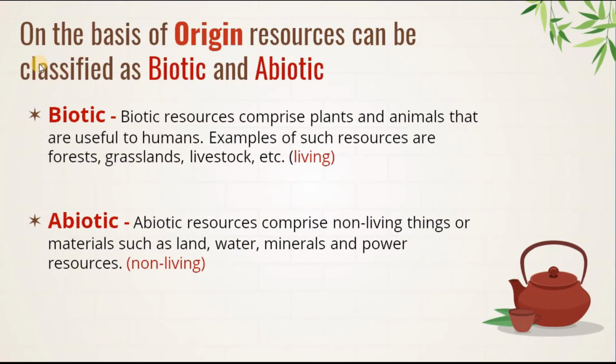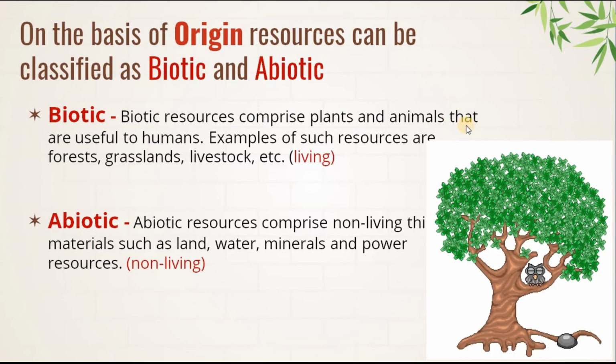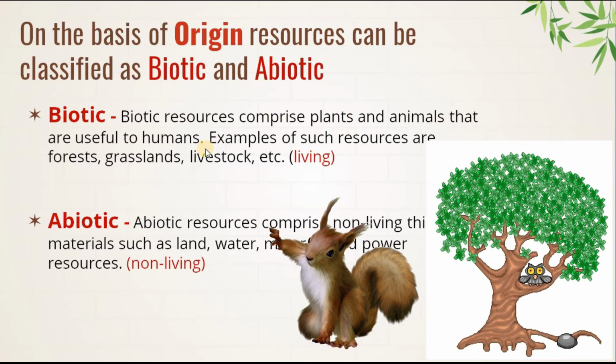Students, here you can see on the basis of origin, resources can be classified as biotic and abiotic. I have already marked here living and non-living, so you can understand it properly. Biotic resources comprise plants and animals that are useful to humans.